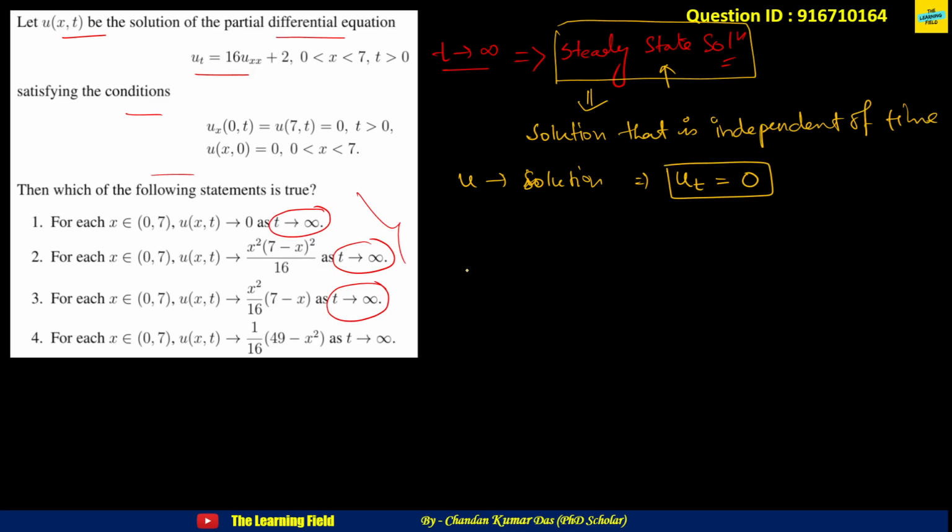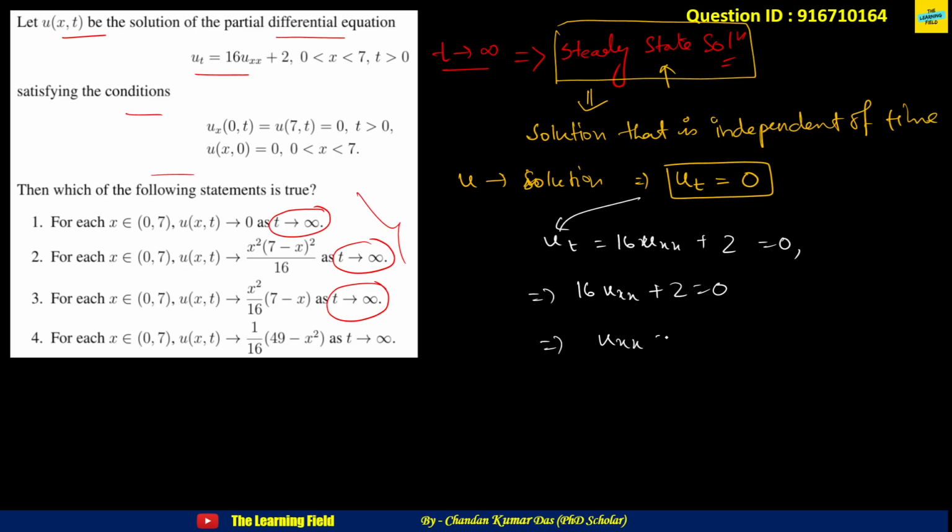So now the question which is given here is u_t equal to 16 u_xx plus 2, this is equal to 0. Fine. So if we apply del u del t equal to 0, then this means 16 u_xx plus 2 is equal to 0. Fine.